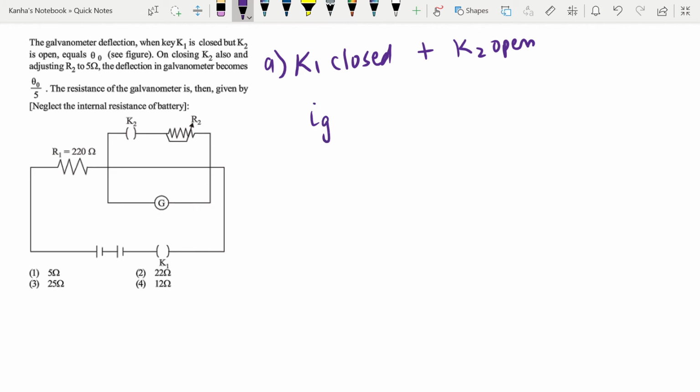My Ig is equal to E by 220 plus Rg, where Rg, the resistance of the galvanometer, is given as C times theta naught, where C is a constant.